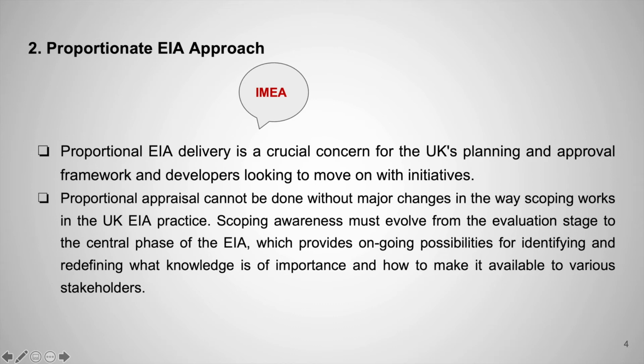As stated by the Institute of Environmental Management and Assessment, IEMA 2017, the provision of proportionate EIA is a core concern for the UK's planning and consenting framework and for developers who are trying to move forward with their projects. Adopting this direction from IEMA, providing the required EIA for Hornsea 4 would be a progressive operation that has begun with the scoping and will continue through the evidence plan process.